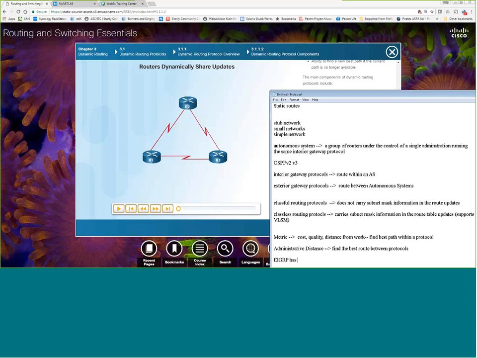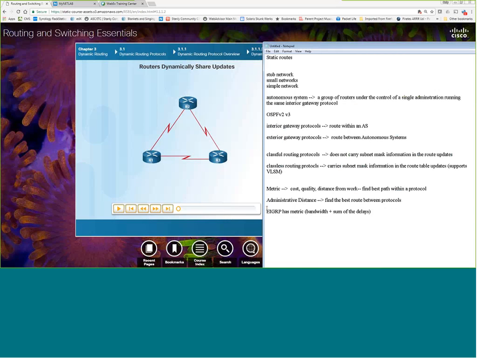And we made a mention that EIGRP has a metric. Anybody remember what the metric for EIGRP is? I don't even know if we talked about it, but it's bandwidth plus the sum of the delays. So if I had multiple EIGRP routes to the same network, the metric used to determine which one would be placed in the route table is bandwidth plus the sum of the delays.